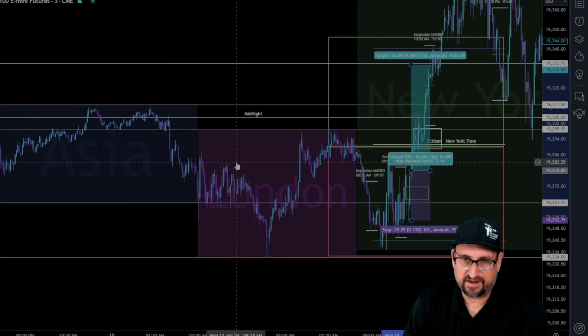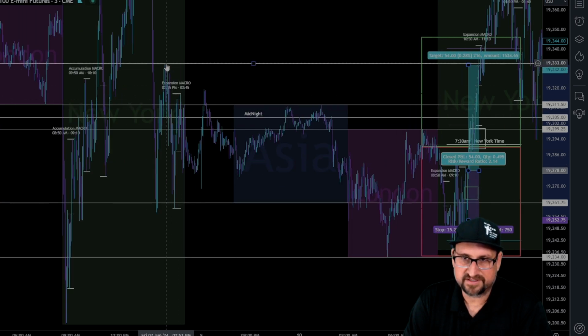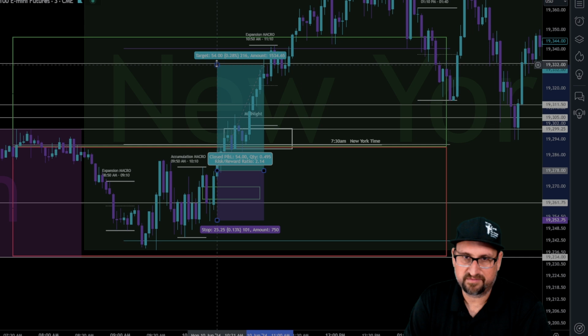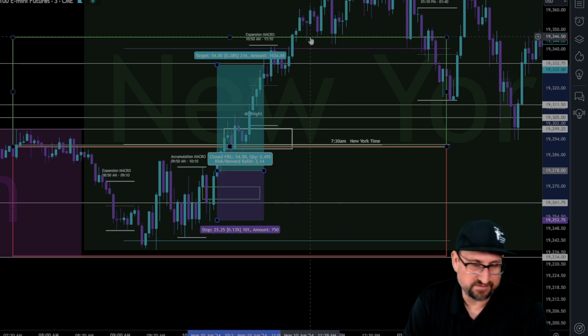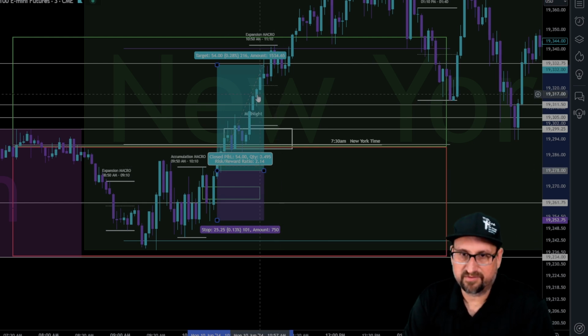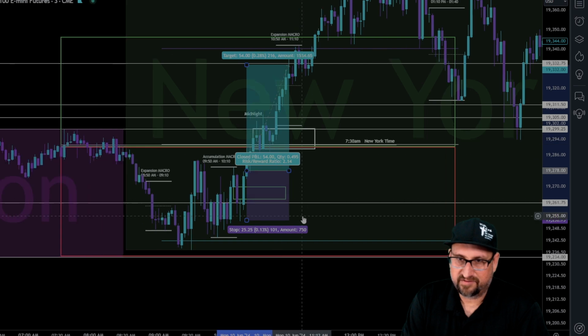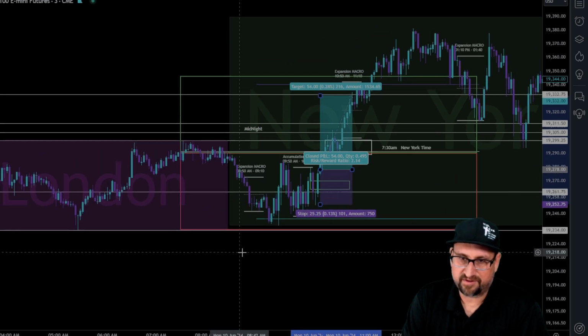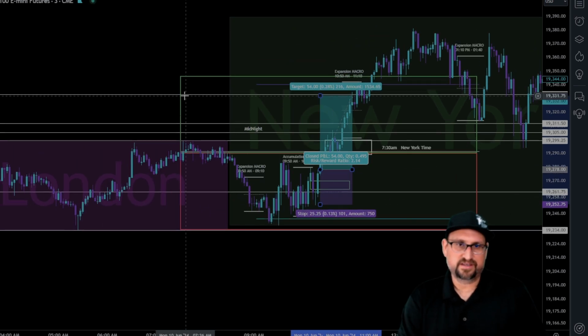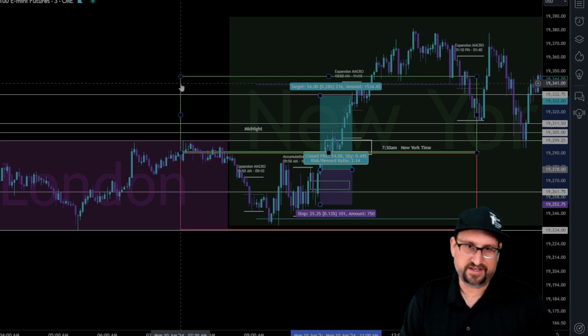But same thing, right? I would have been looking to take profits at this high. That's actually exactly a 2-to-1 pretty much. And I maybe would have left some runners depending on how bullish I was feeling. Okay. But I definitely would have tried to follow my actual trade plan here for this trade. Okay. So that's an example of how I use a time-based liquidity to kind of frame out trades.